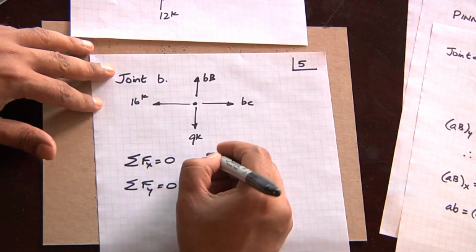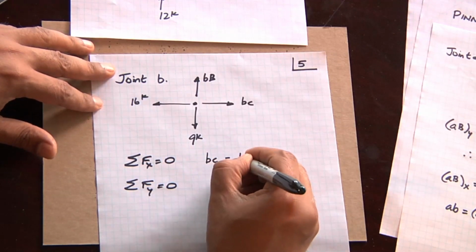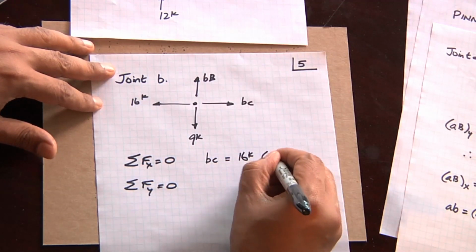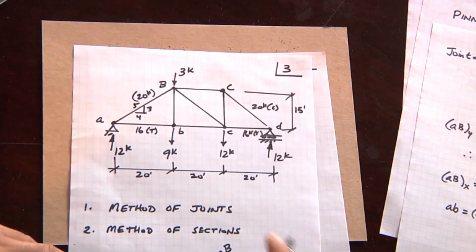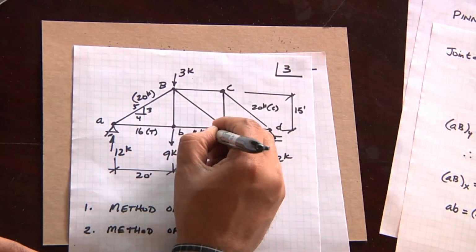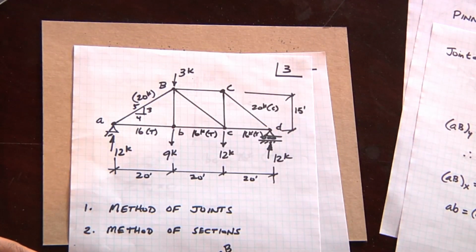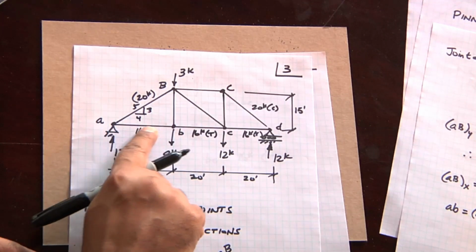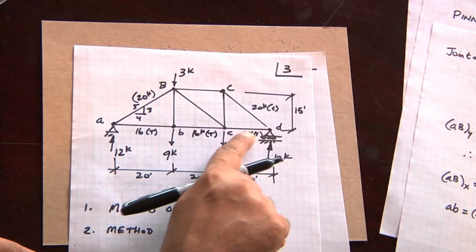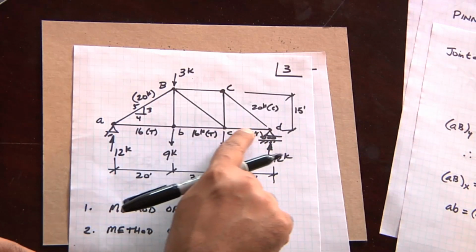The sum of the forces in the X direction tells us that BC has to equal 16 kips, which means that's in tension. So now going back to our truss, 16 kips in tension has to be on the bottom chord. So you can see that our truss has 16 kips of tensile load across the bottom chord all the way across.